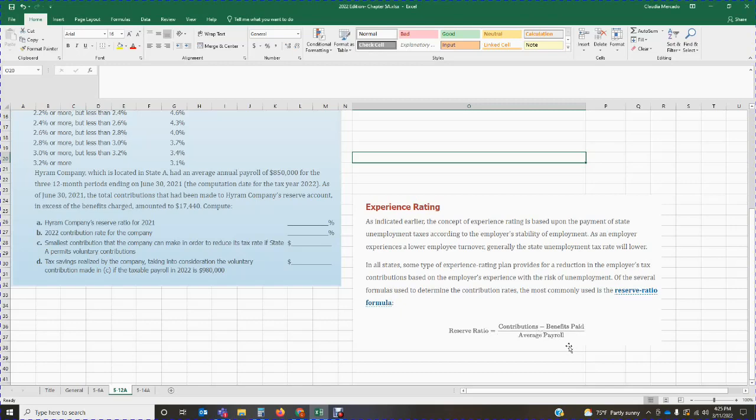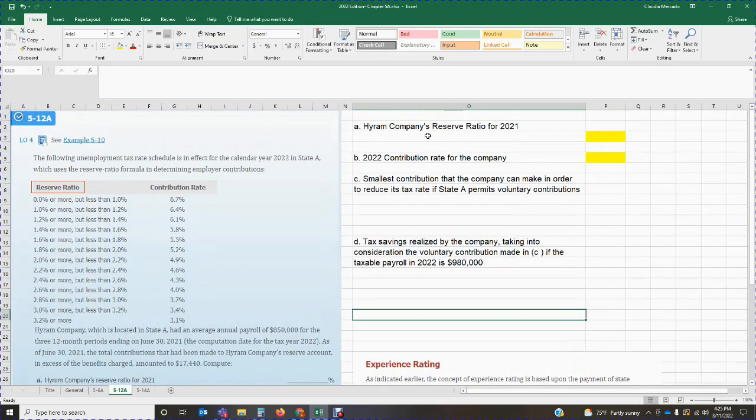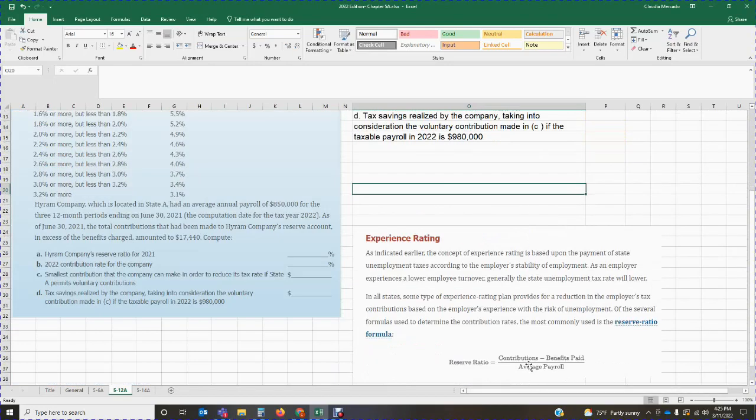In this case, they're asking us to calculate the reserve ratio for 2021. We've got the amount of the contributions in excess of what we are required to pay over the average payroll, okay? We don't have the information for the benefits paid, and in this particular problem, they're basically telling us that we contributed what was required of us. And then on top of that, we have the additional contribution of $17,440, okay?